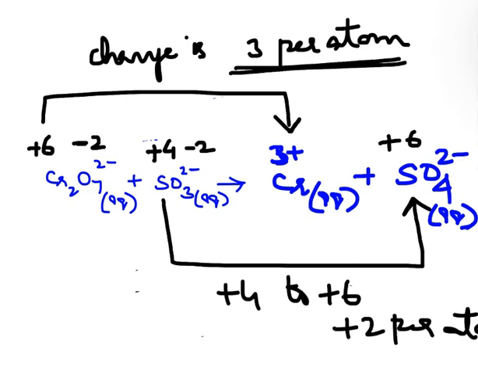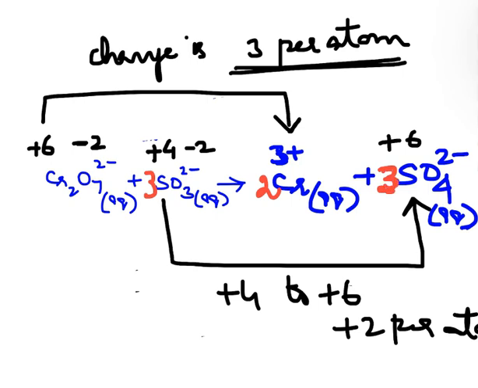Shall we try balancing it now? Cr2, so this has to be 2 Cr. SO3 and sulfur, how are we going to balance them? Multiply by 3 on both sides, sir. 3SO3, 3SO4, like that. 3SO3 and 3SO4.